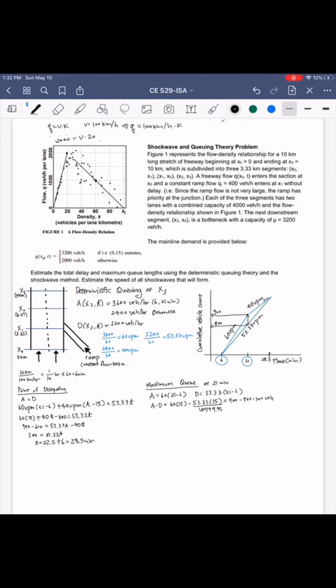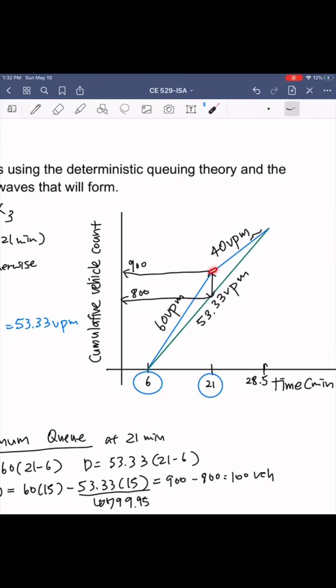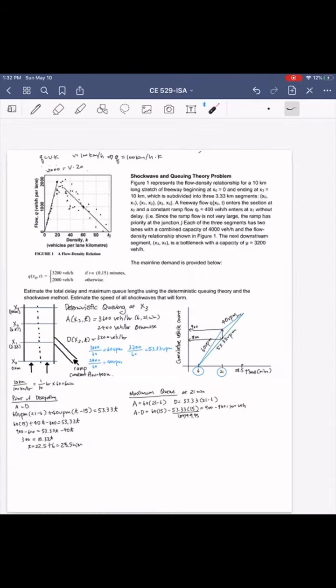And if you also want to calculate the maximum time delay, you would get the longest horizontal distance between the arrival and the departure curve. So it'll be right here at the 900 vehicle count. There will be the maximum delay. So let's calculate that here also.